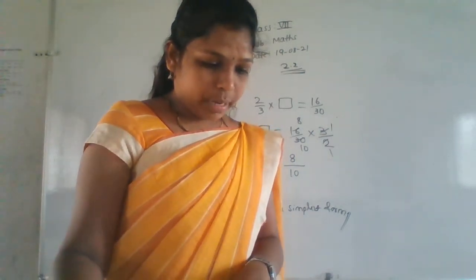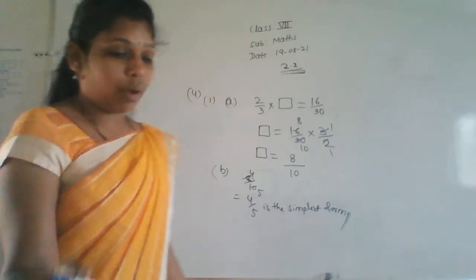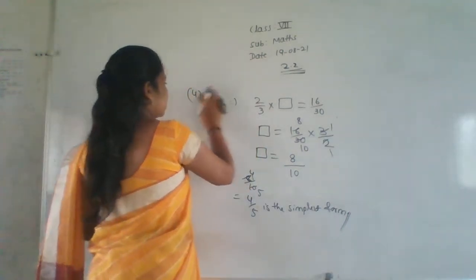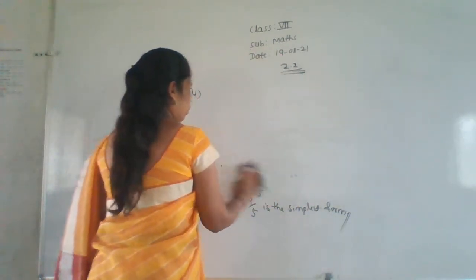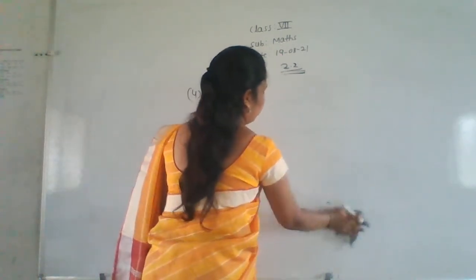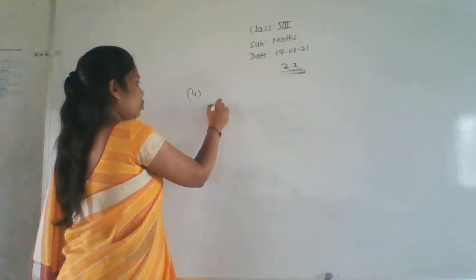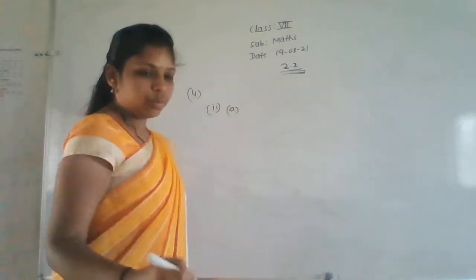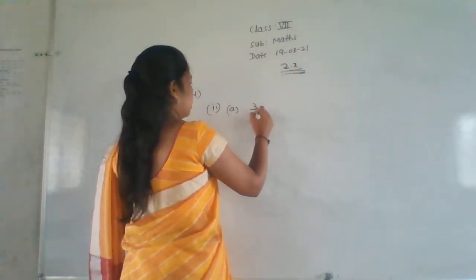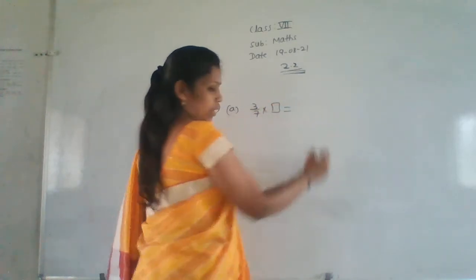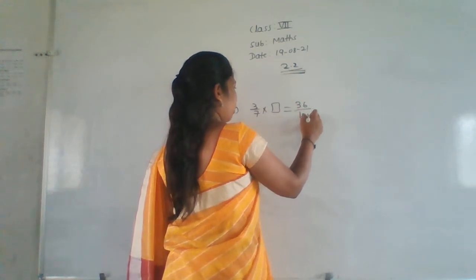Next, in fourth main only, we have to do the second problem now, similar to the first one. They have given another one; try to do it again. In the second one, again we have to find the box value. They have given 3 by 7 into a box, and the product is 36 by 105.